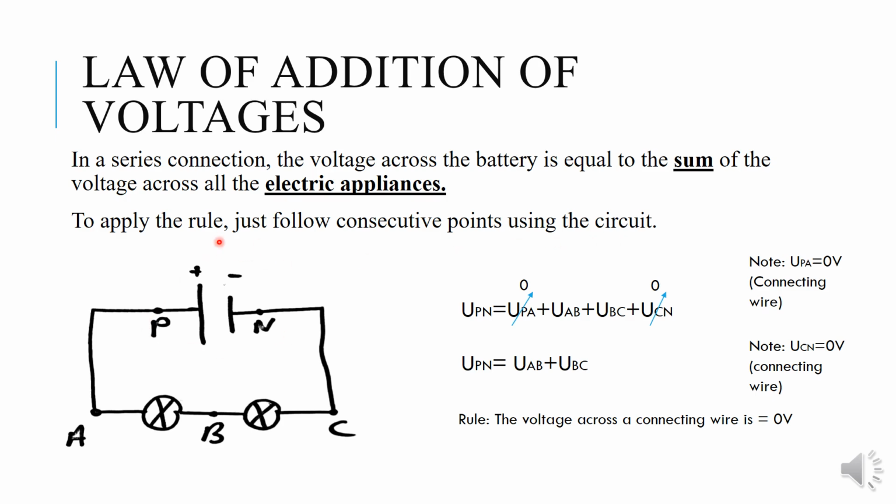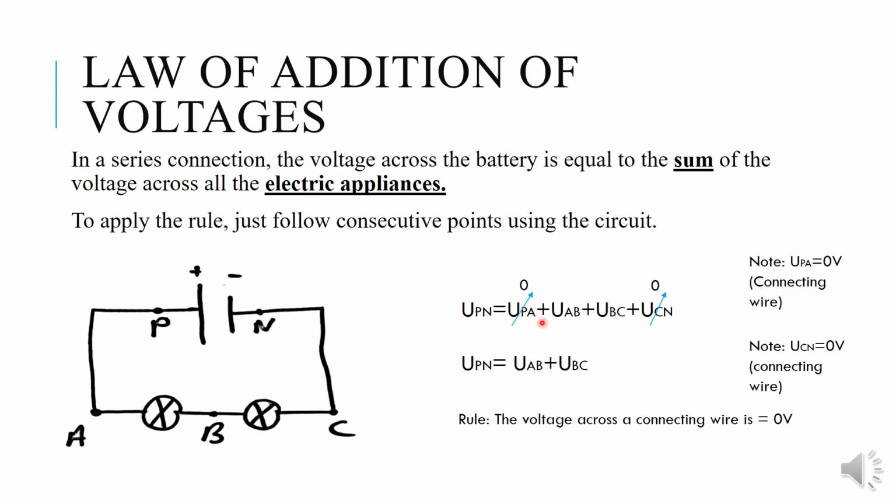So UPN, the voltage across the battery, is equal to UPA plus UAB plus UBC plus UCN.